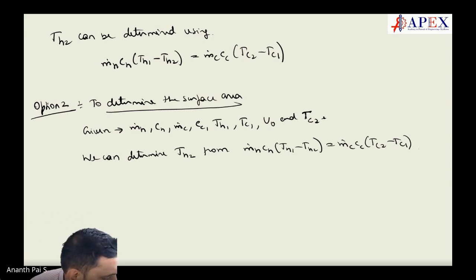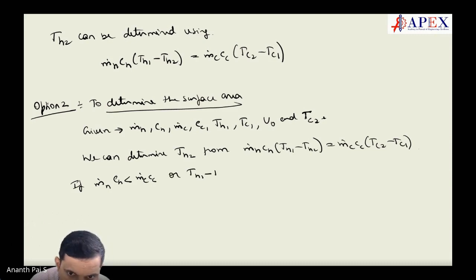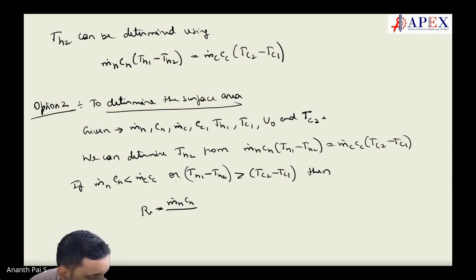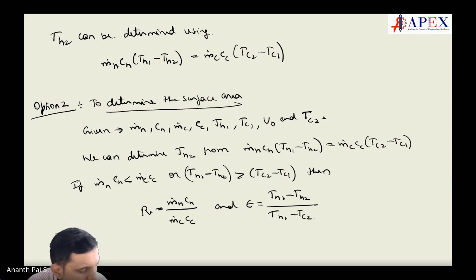Now we have to find out the surface area. Now if m dot h Ch is less than m dot c Cc, or Th1 minus Th2 is greater than Tc2 minus Tc1, then R is equal to m dot h Ch divided by m dot c Cc, and epsilon is equal to Th1 minus Th2 divided by Th1 minus Tc1, right?